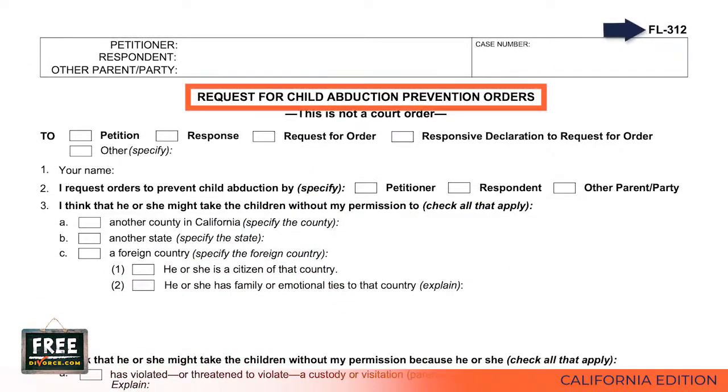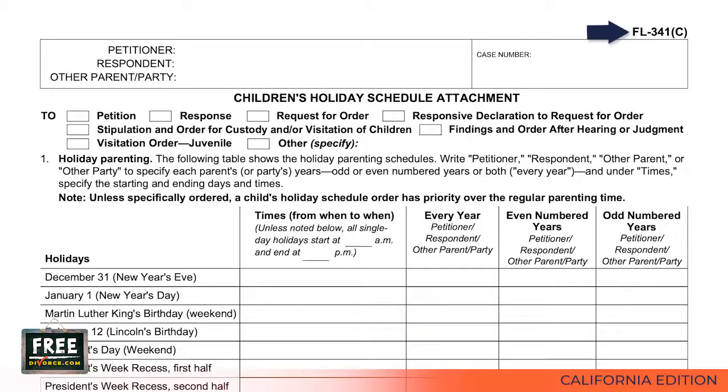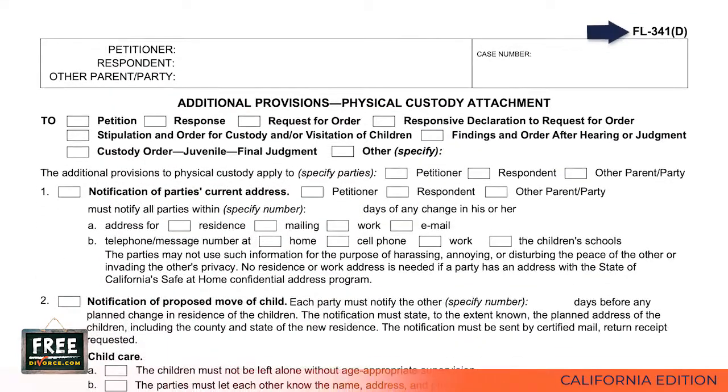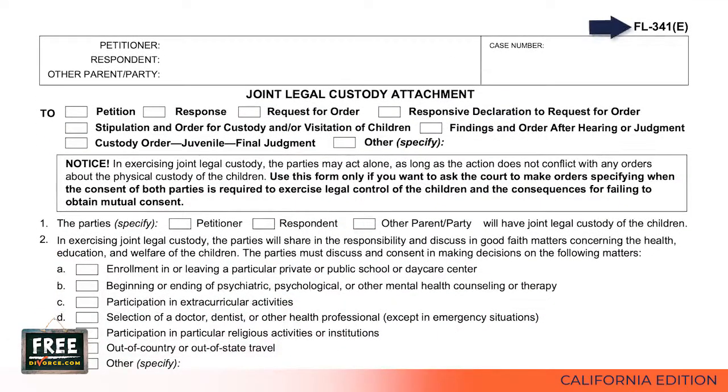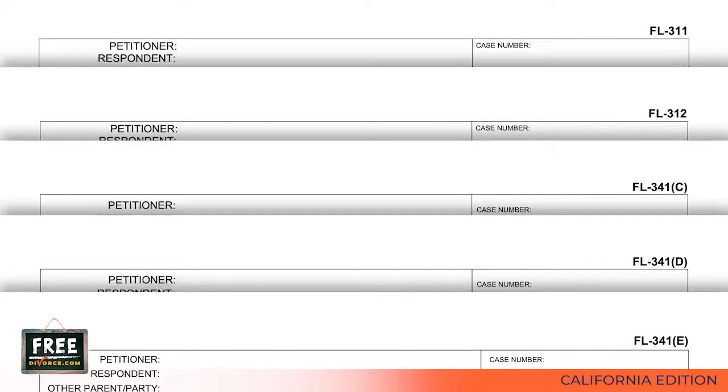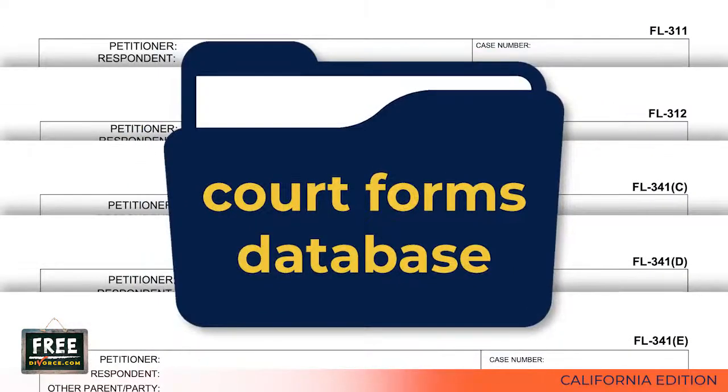FL-312, Request for Child Abduction Prevention Orders. FL-341C, Children's Holiday Schedule. FL-341D, Additional Provisions Physical Custody Attachment. FL-341E, Joint Legal Custody Attachment. All of these custody forms can be found in our Court Forms database.